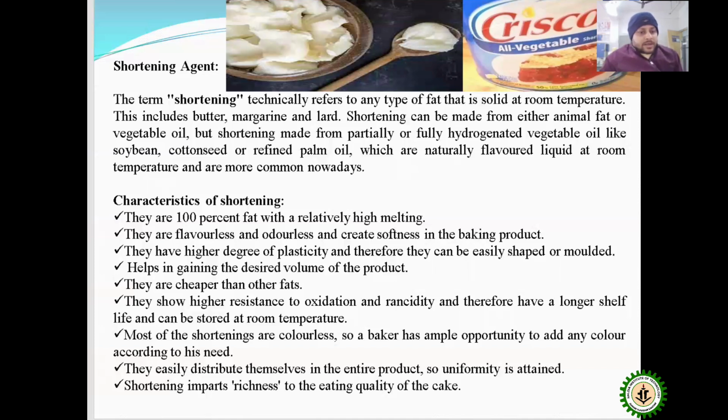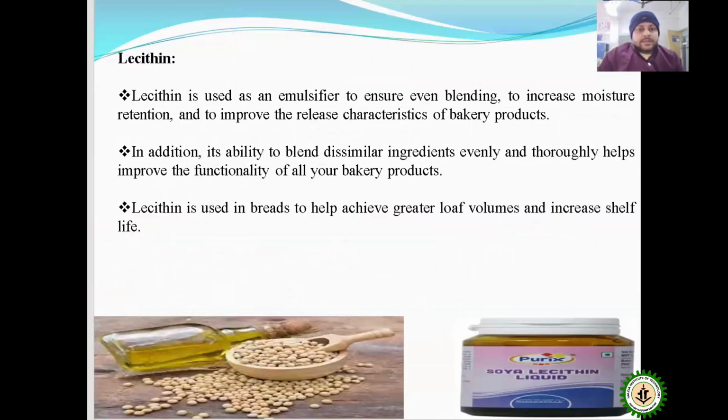So after the shortening agent, the next optional ingredient is lecithin. Lecithin we basically use as an emulsifier, to ensure even blending, and it also improves the release characteristics of bakery products. There are different types of lecithin, different types of emulsifiers, we basically use in making different types of bakery items.